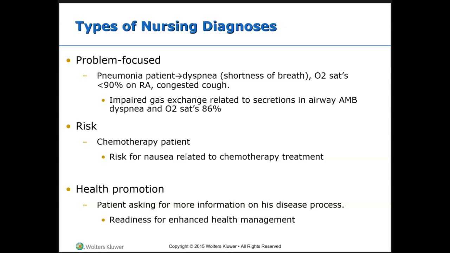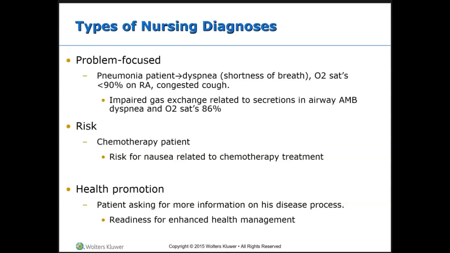So problem focus would be impaired gas exchange related to secretions in their airway as evidenced by or as manifested by. So AEB or AMB does not matter. They mean the same. As evidenced by dyspnea and SpO2 of 86% or oxygen saturation of 86%, right?